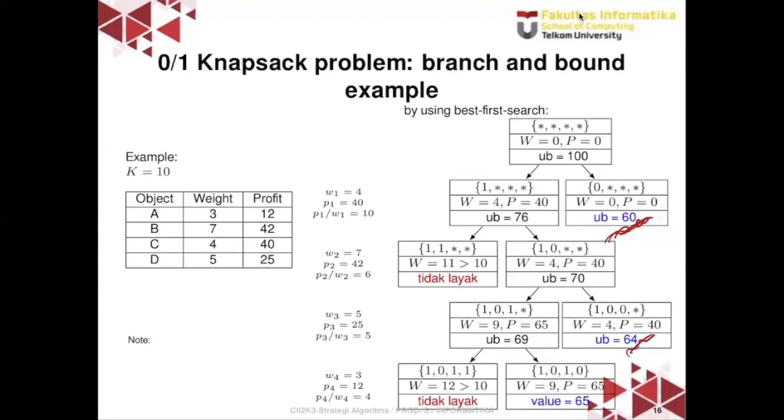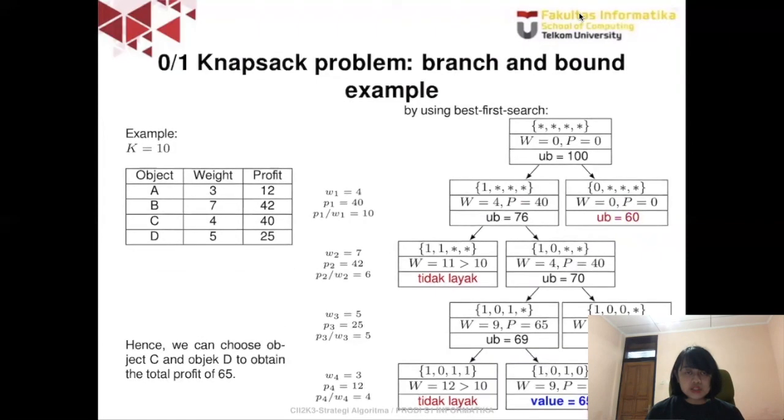And for this one, even if we continue this partial solution, then the final solution will not be larger than 64, which means 65 must be the largest profit we can have, which is given by choosing object C and also object D to obtain the total profit of 65.